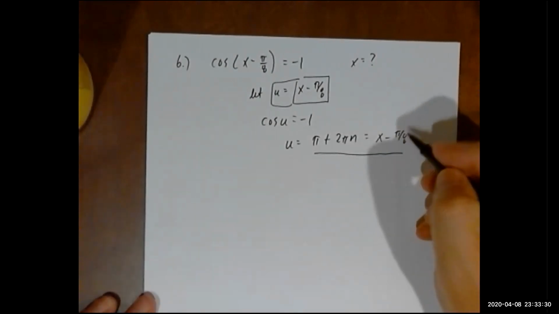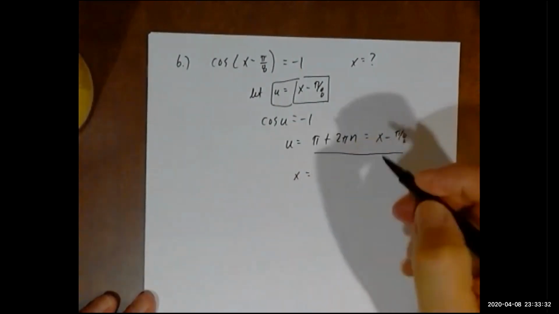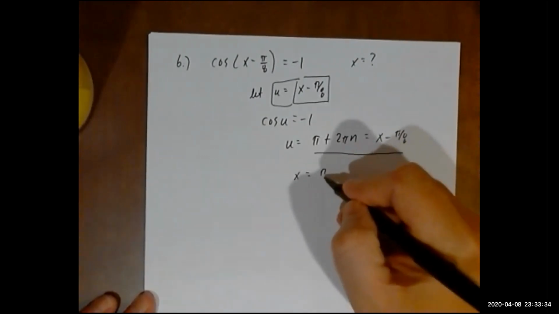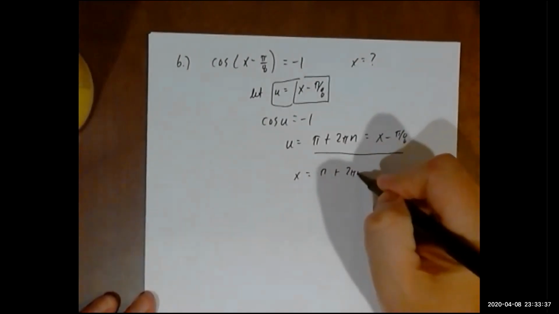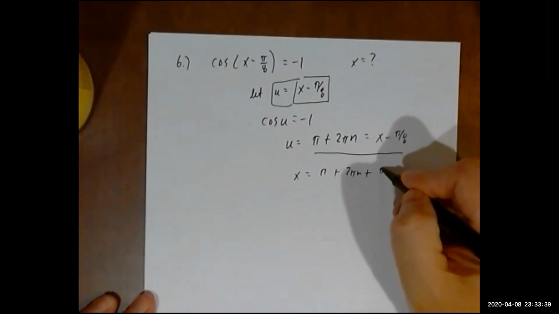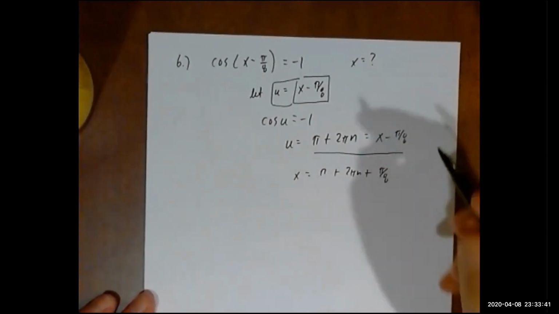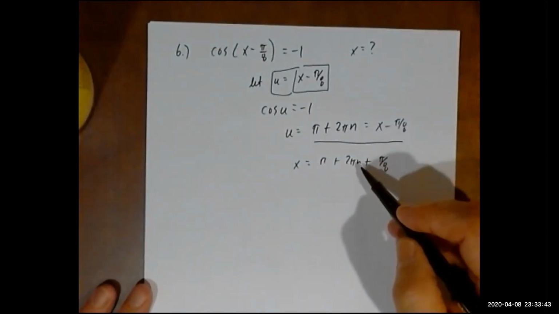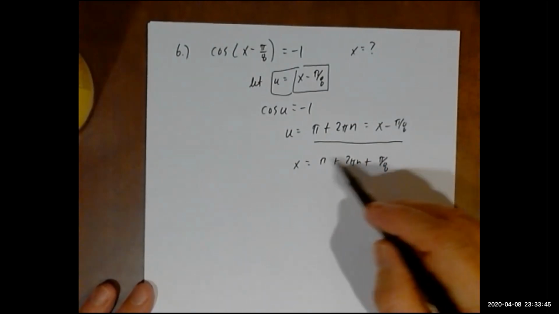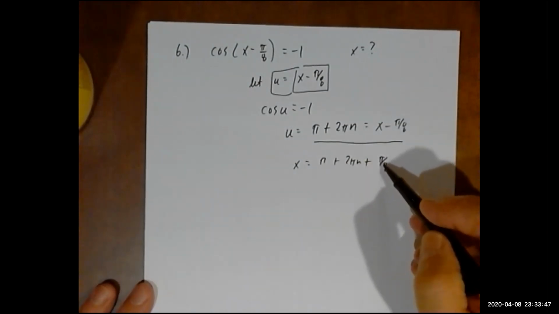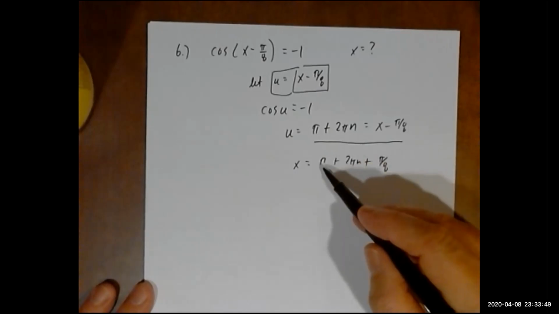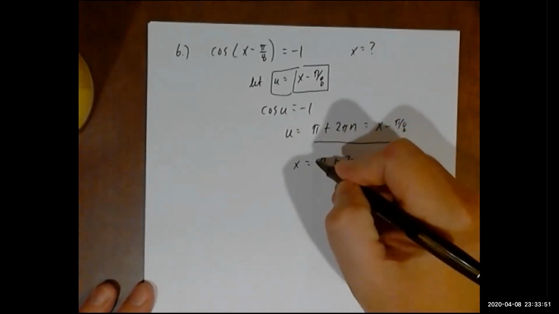So I got to add pi over 8 to both sides. So x equals pi plus 2 pi n plus pi over 8. Now this n is like a variable, but this pi and this pi over 8 I can combine. As a matter of fact, if I'm going to add those together, I have to get a common denominator.